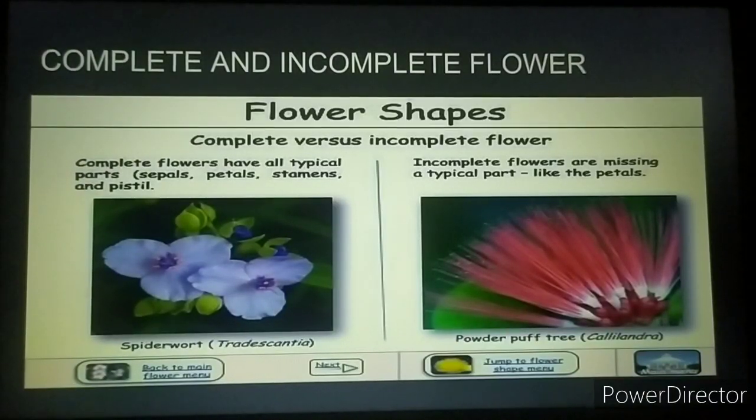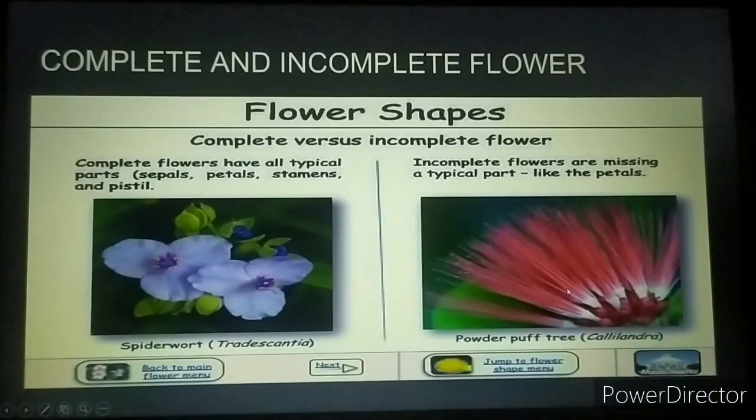Then what about incomplete flowers? Incomplete flowers are the flowers that lack one or more of the four whorls. That means incomplete flowers are missing a typical part. Like here in the figure you can see the petal is missing.